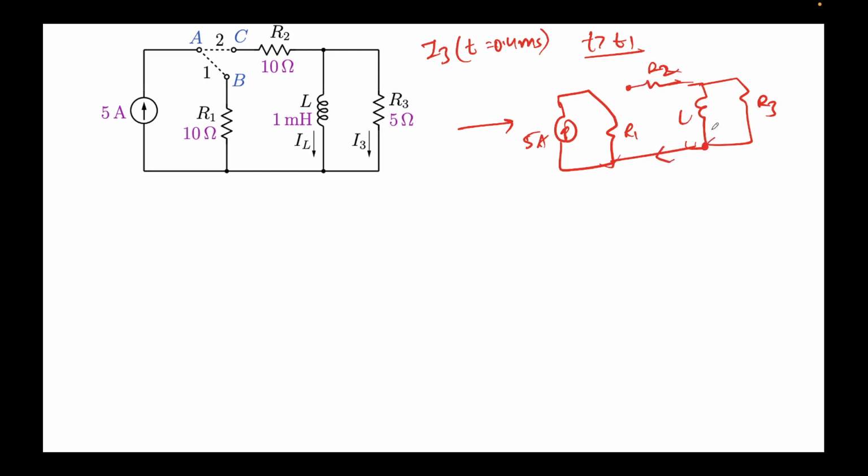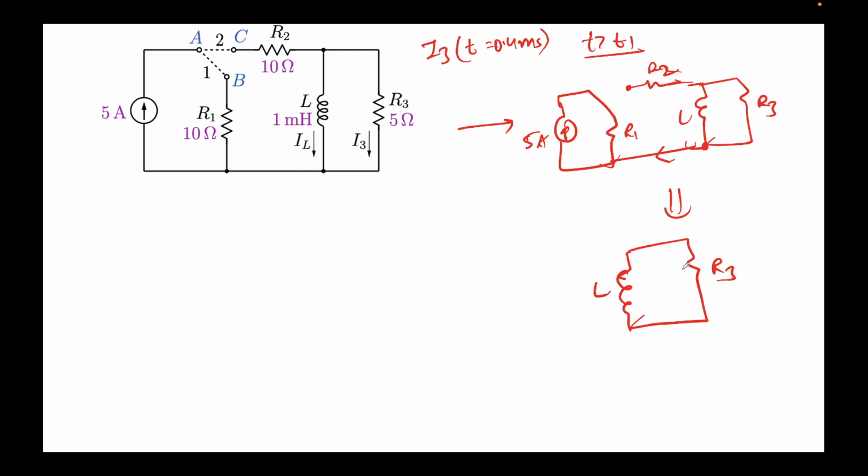If you apply KCL over here, all the current that is coming through here has to flow in this loop itself. So I'll just drop the left half of the circuit, and only draw the part of the circuit which is of use to us, R3. Mind you, the current will be flowing here. For instance, this R1 will have 5 amps current flowing through it, but that's not playing any role in this part, right? That's what I meant to say.